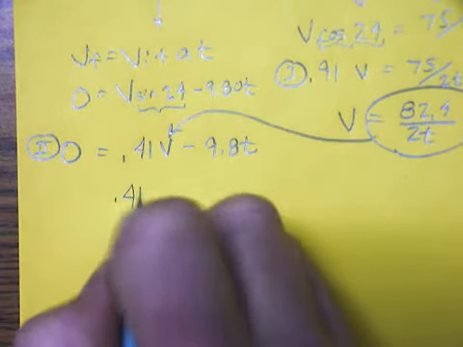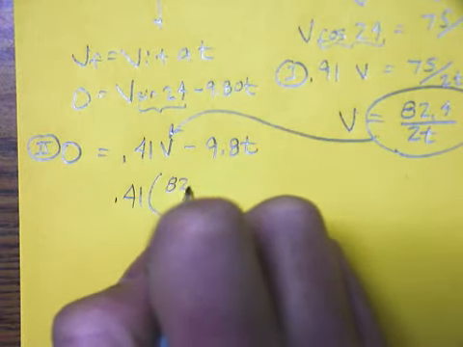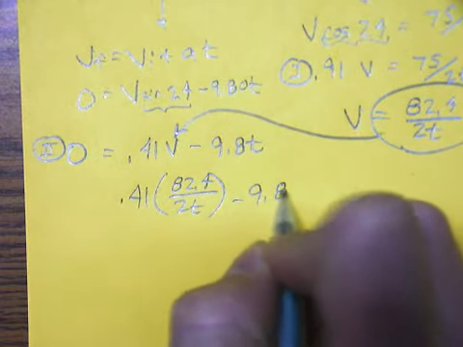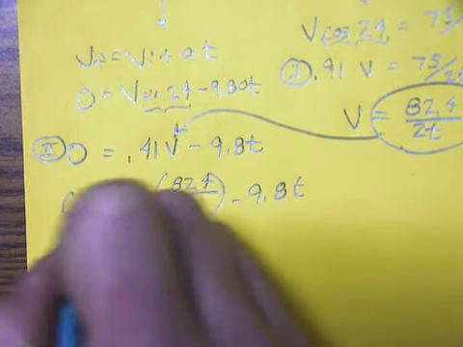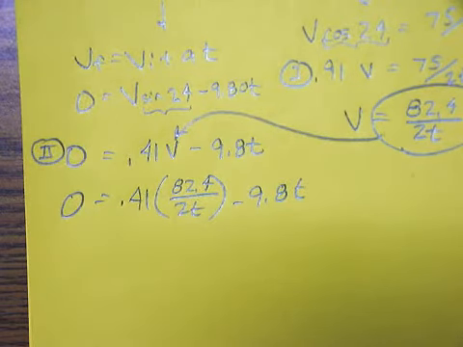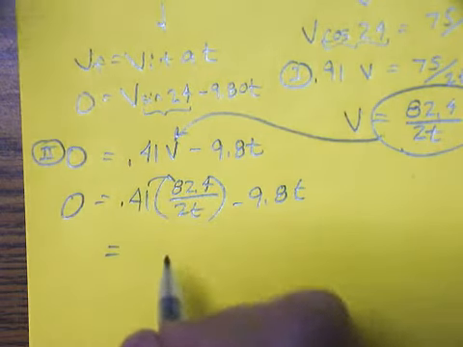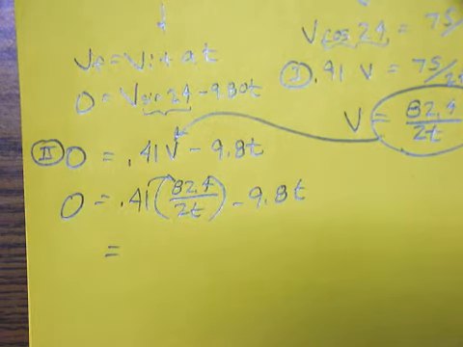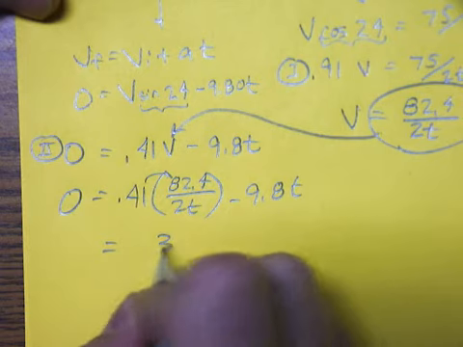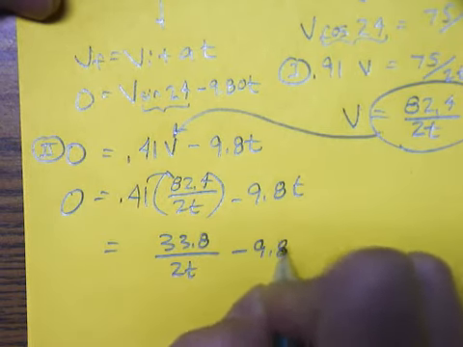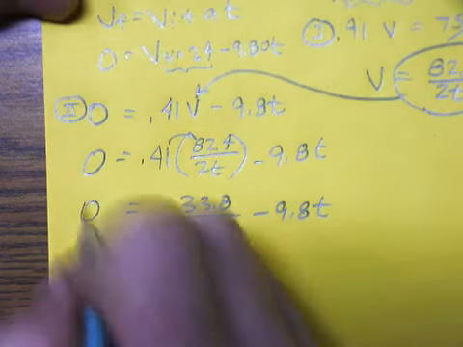So 0.41 times 82.4 over 2t minus 9.8t equals 0. I'll multiply this in, and I get 33.8 over 2t minus 9.8t is 0.